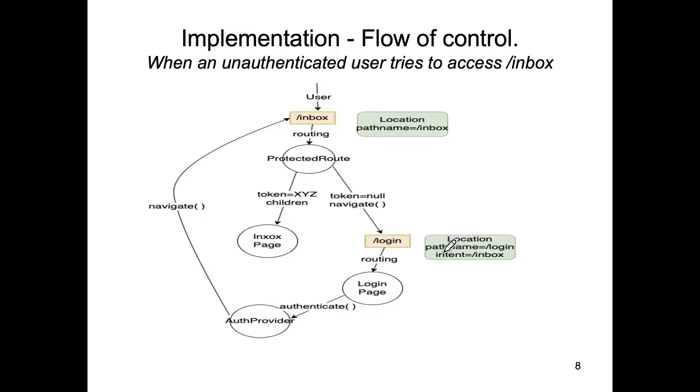And in this location object, it adds some state. And the state is this intent property that we saw a few slides back. Okay, so this grabs the value for intent from the location object that existed just before the new one was created.